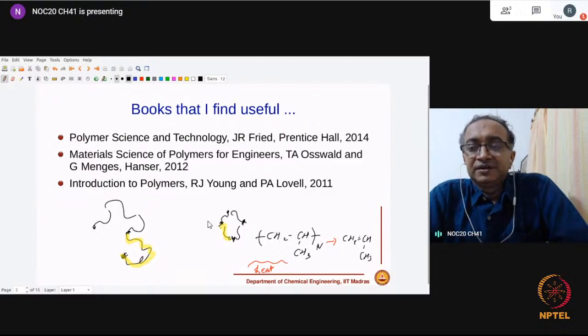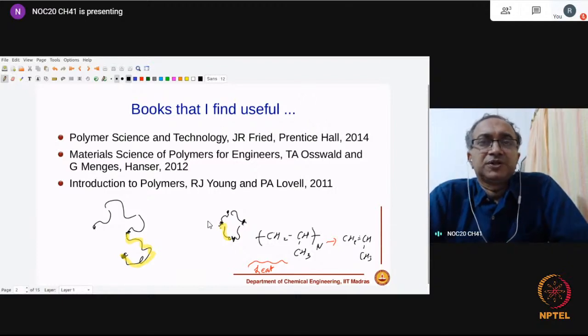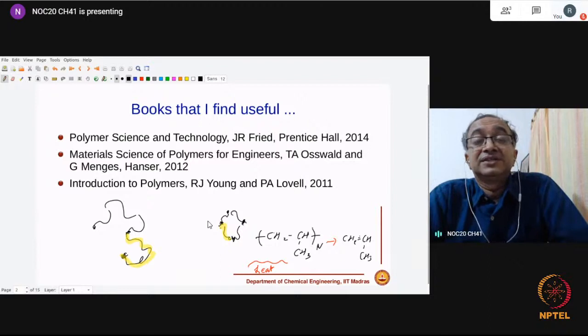So Durga Pawan is asking whether LDPE to HDPE conversion is possible. Generally not. See, polymerization is carried out, and later on in the course we will see how these industrial polymerizations are carried out.